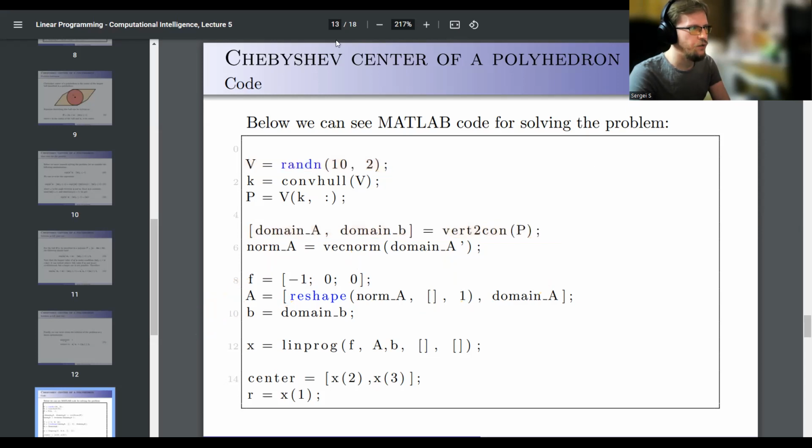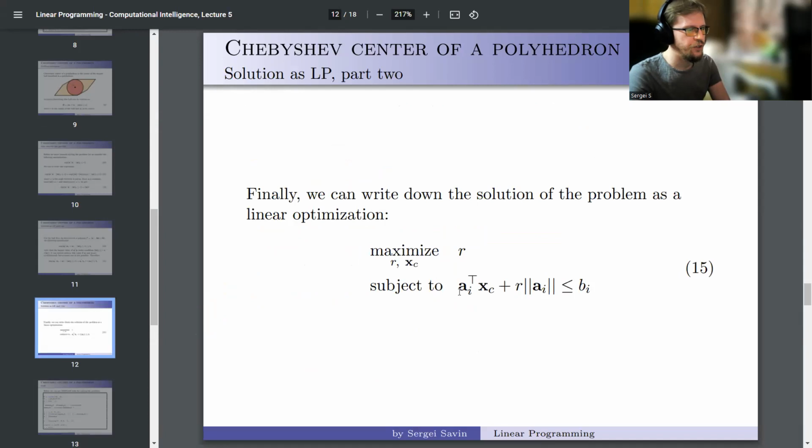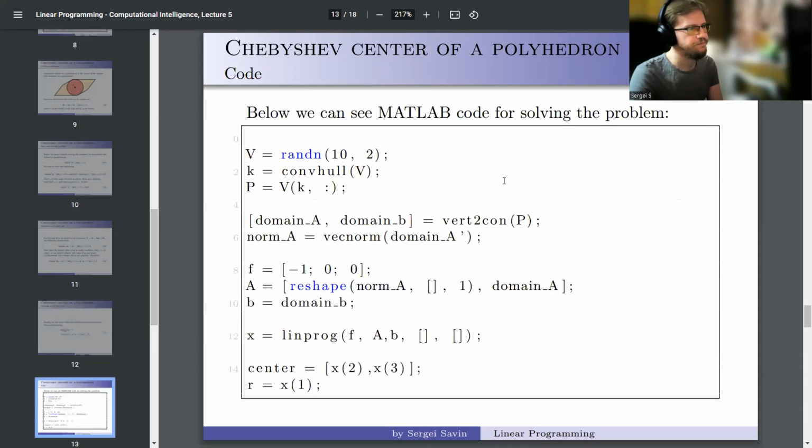Where does it all come from? Well, if I look, what we have here is decision variables are r and x. In front of r, we have norms of A. This is the first column of A. In front of x, we would have the original A matrix. So that is the second column of A. Right.